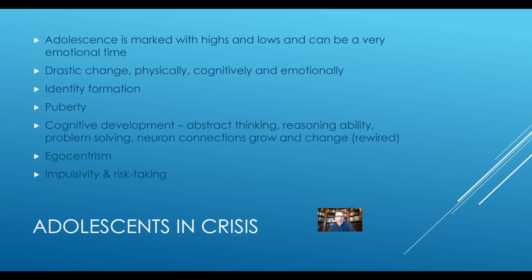And this rewiring process in the neurons, which I started out talking about a little bit, is all the way up to like age 25, particularly in the prefrontal cortex and frontal lobe, where higher functioning reasoning, personality, and emotion control happen. That's where our most complex decisions are made too.